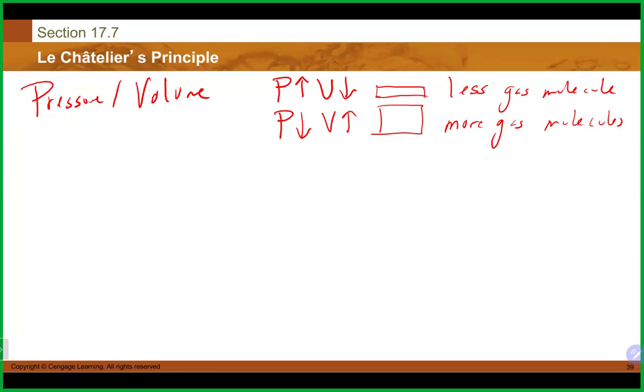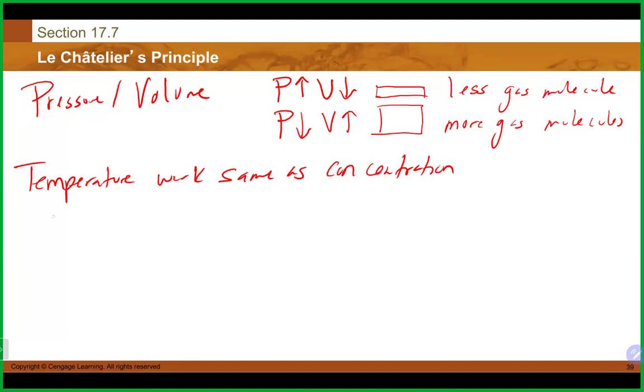The next one is temperature. Temperature works the same as concentration, which means if you increase the temperature, it will shift away.